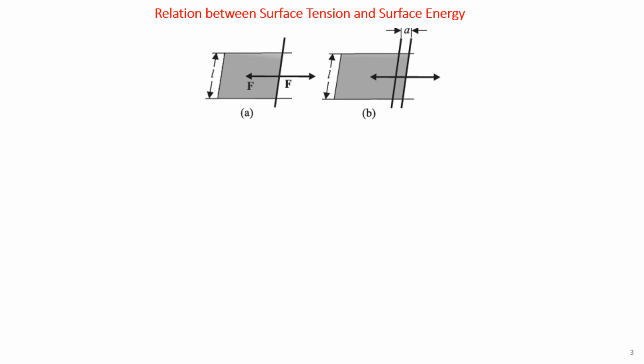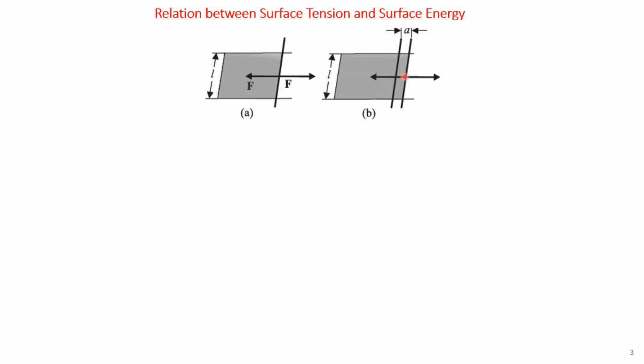To appreciate this, consider a horizontal liquid film ending in a bar free to slide over the parallel guides as shown in the figure. This is the bar which is free to move inside a fluid. Figure A shows a film in equilibrium and figure B shows the film stretched an extra distance.